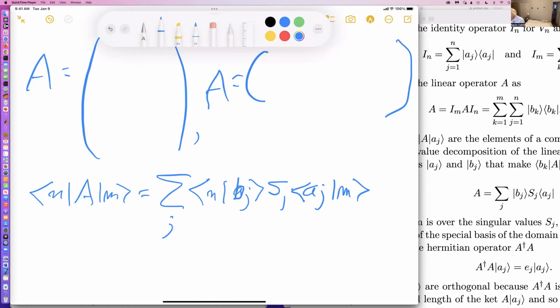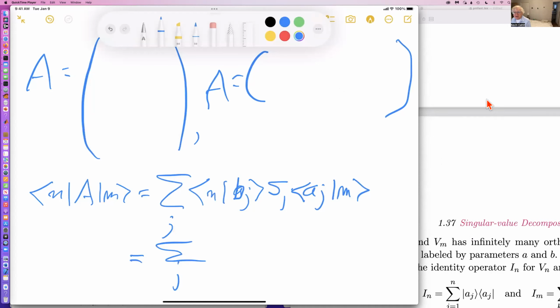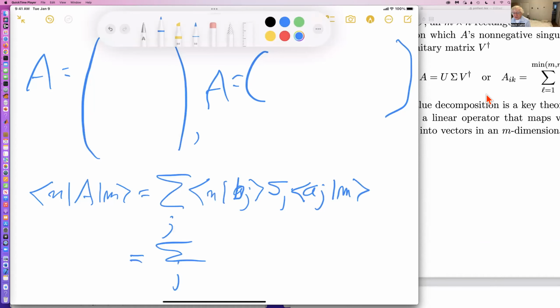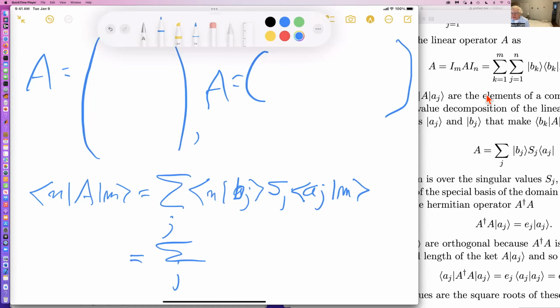And so this is what we would call sum over J. And what did I call it originally here? U. Okay. So this would be called U, NJ, SJ, V dagger, MJ. Or do I have that wrong?